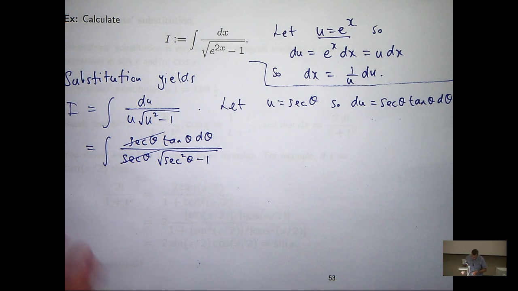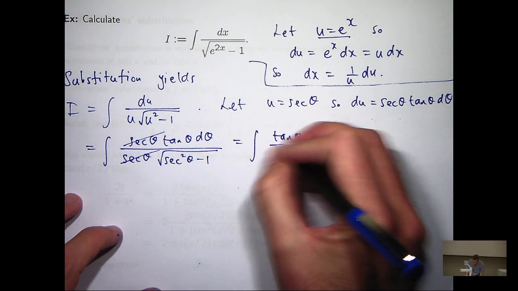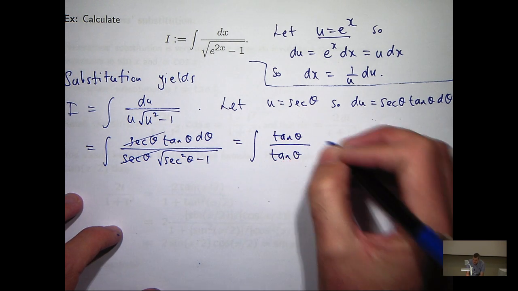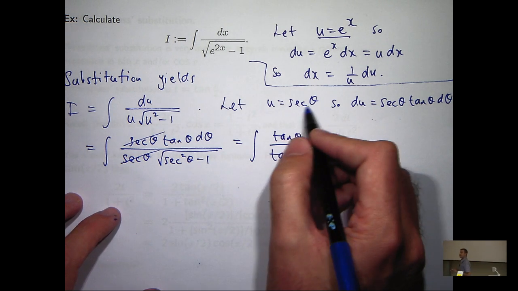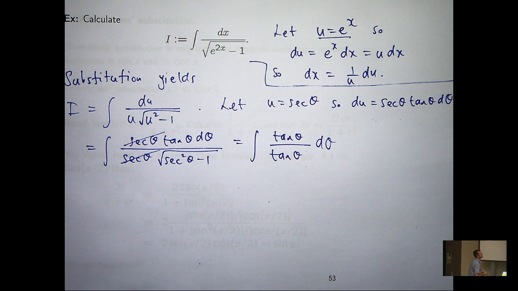I can replace sec squared minus 1 with tan squared, and I'll get the following. Now I don't need to worry about absolute values here, because implicitly in this substitution I'm only considering theta strictly between 0 and pi on 2, okay?